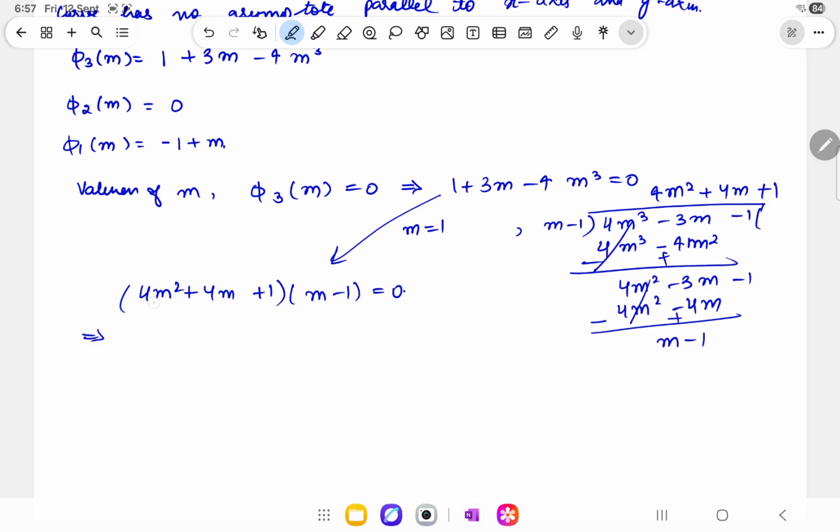And this term is basically 2m plus 1 whole square into m minus 1 equals to 0. So from here I got my m as minus 1 by 2, minus 1 by 2 and 1.